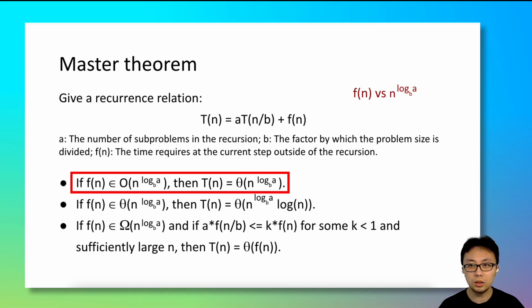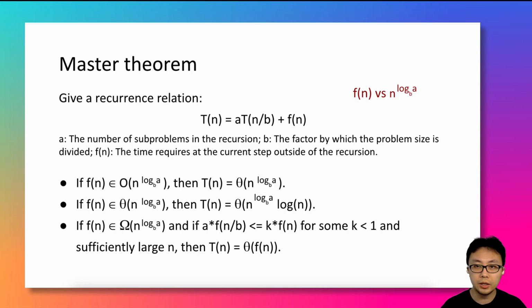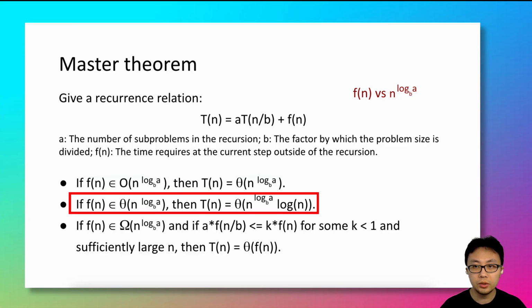In the first condition, when f(n) grows slower, the tight bound of T(n) is Theta(n^(log_b a)). In the second condition, when f(n) grows at the same rate as n^(log_b a), the tight bound of T(n) is Theta(n^(log_b a) × log n).